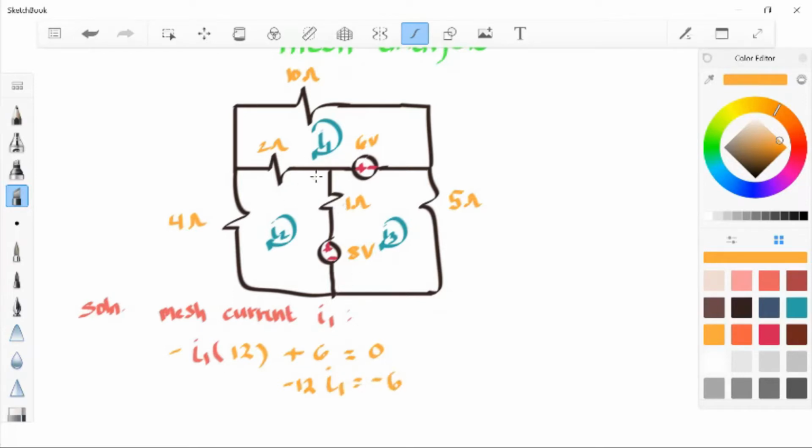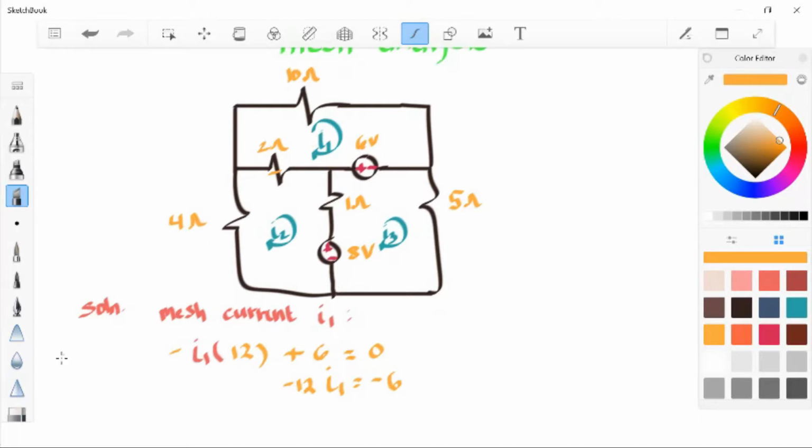But I forgot to write that, as you can see at this point, mesh current I2 will also pass through this 2 ohm resistor, as well as mesh current I3. Therefore, we must have an opposing sign, because these mesh currents oppose mesh current I1 at this point.